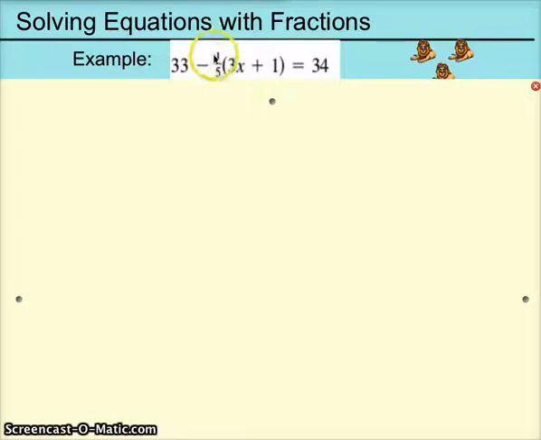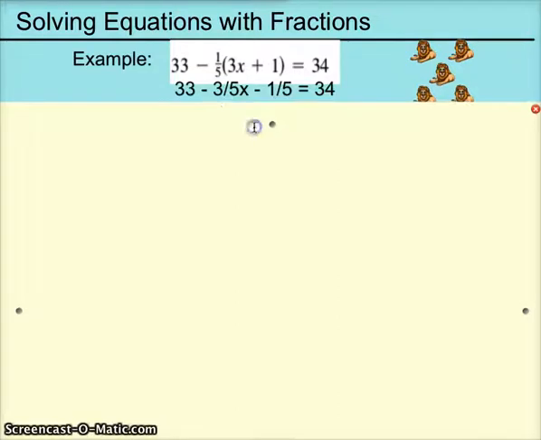And then negative 1/5 times 1 is just negative 1/5. So once we distribute that, we get 33, which we just bring down, minus 3/5 x minus 1/5 equals 34.